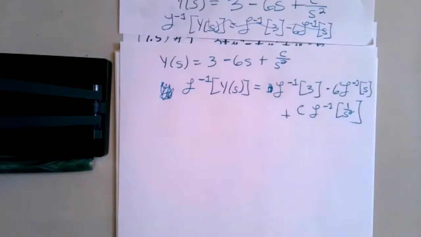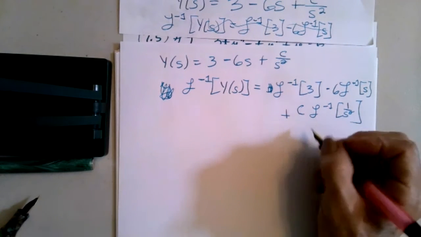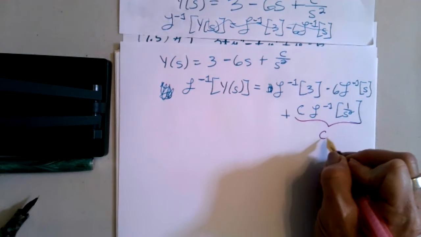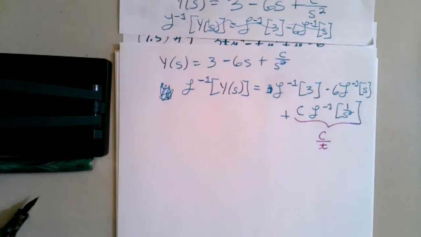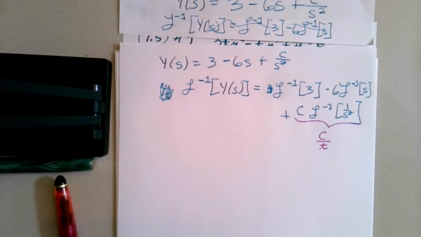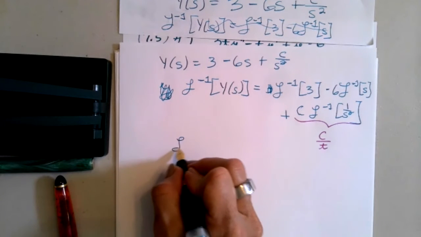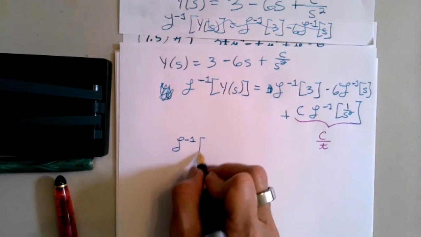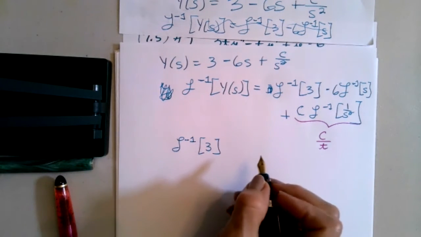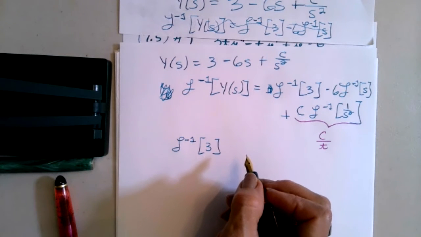So this one inverts to C times t. Okay, so that's the inverse of that one. What about the inverse Laplace transform of a constant? That's not listed anywhere, so you're going to have to figure out a creative way to do that.